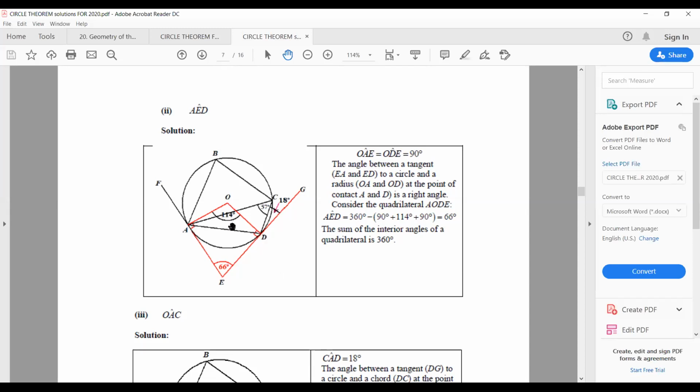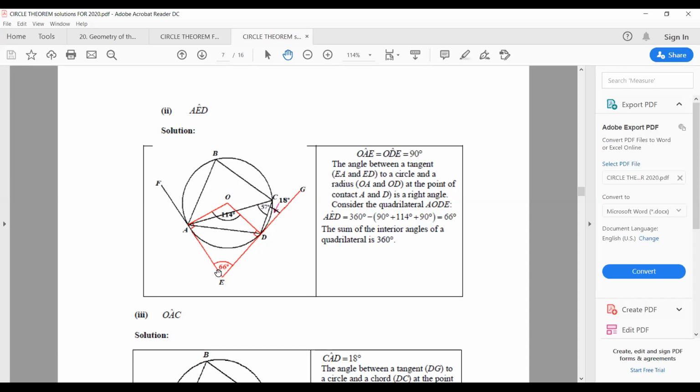This is a right angle here because this is the radius that touches the tangent, and this is a tangent here as well. So this is 90 degrees, and this is 90 degrees because it's perpendicular, right? That's what the theorem is telling us. So that means that 360 degrees take away 90 degrees here, and the next 90 degrees here, and 114 degrees will give us 66.